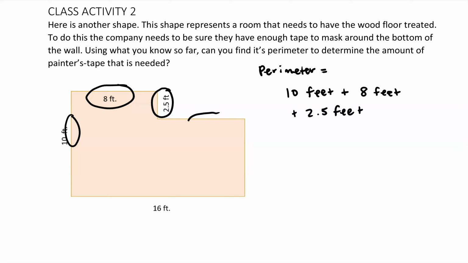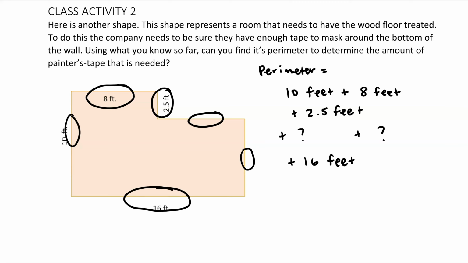Notice that this here does not have a measurement and this here does not have a measurement. So I'm going to put plus question mark and plus question mark, and then the last one, this measurement here, we know that that's 16 feet.